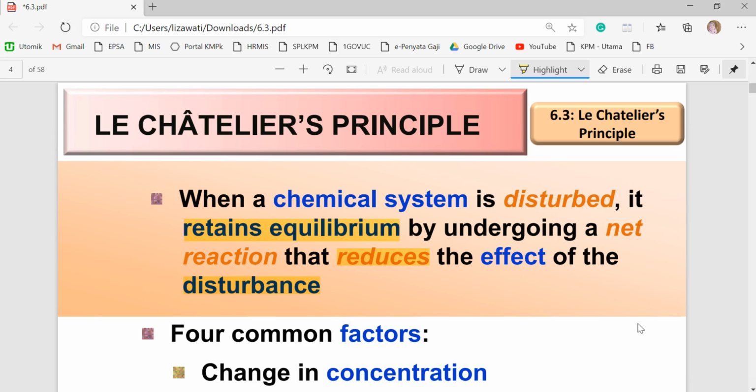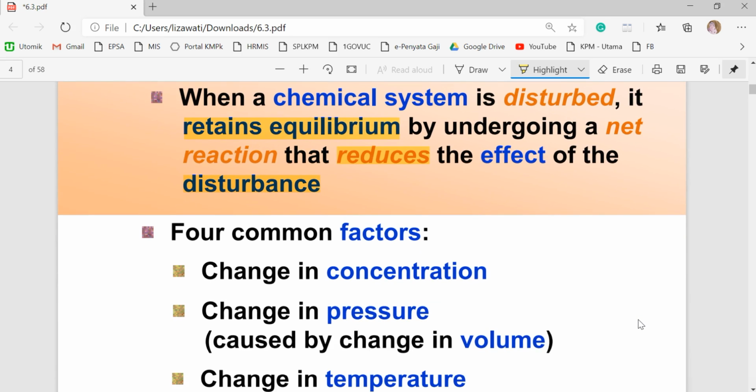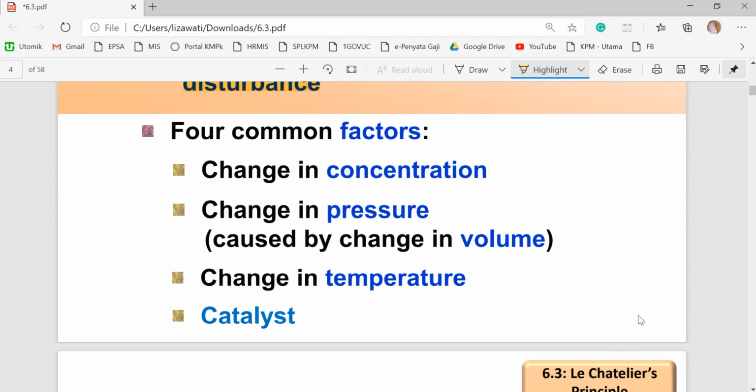Therefore, the system is not at equilibrium anymore and it is trying to reduce the effect. There are four common factors: concentration, pressure, which is caused by a change in volume, change in temperature, and also catalyst.